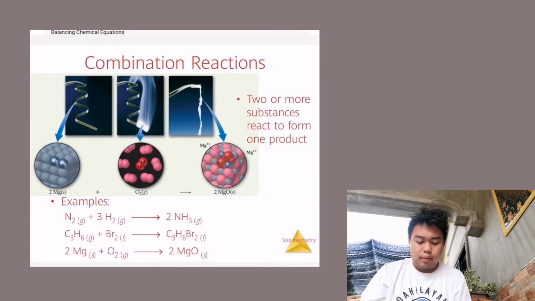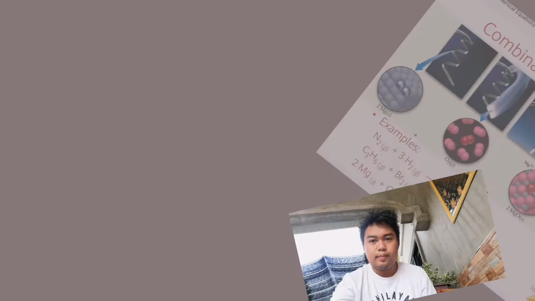Combination reaction. Two or more substances react to form a product. Examples: nitrogen plus hydrogen equals ammonia, and calcium plus bromine equals calcium bromide, and 2 magnesium plus oxygen equals 2 magnesium oxide.